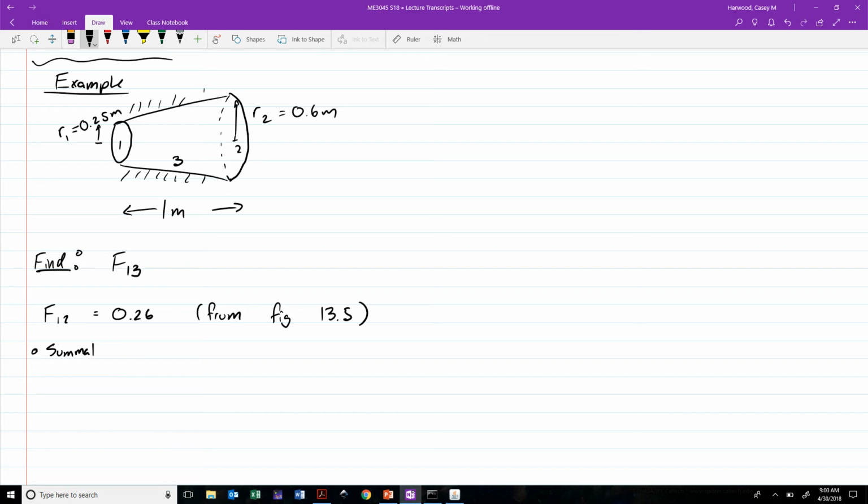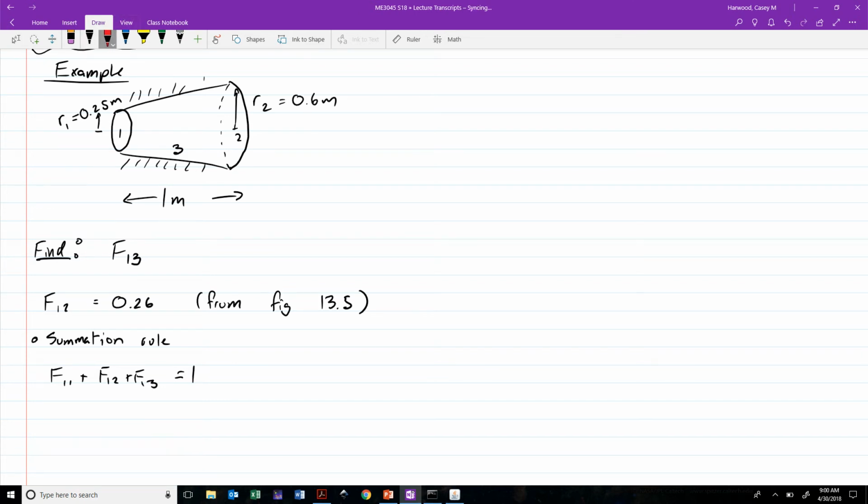Then we would apply the summation rule, which says that F11 plus F12 plus F13 is equal to 1. Again, surface 1 is flat, it's not concave, so that goes to 0. We know that this is 0.26, and so we can solve for F13 as being equal to 0.74. And we're done.